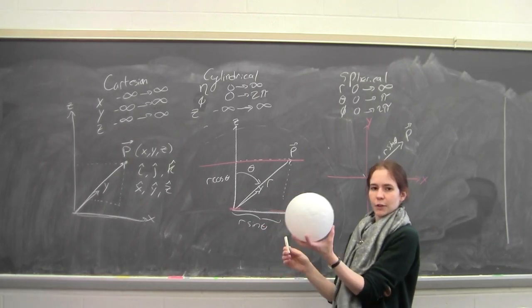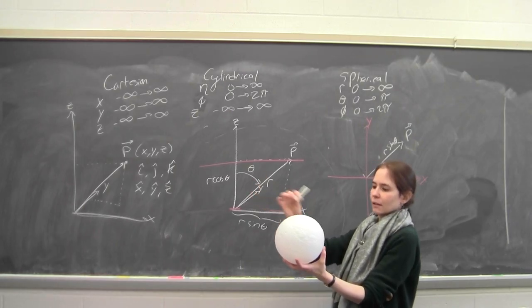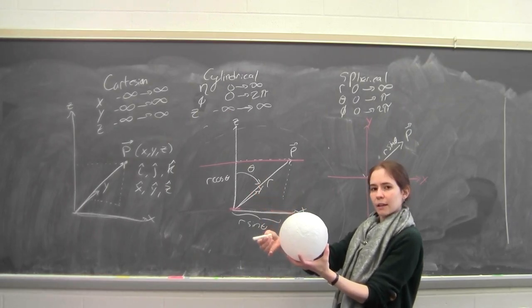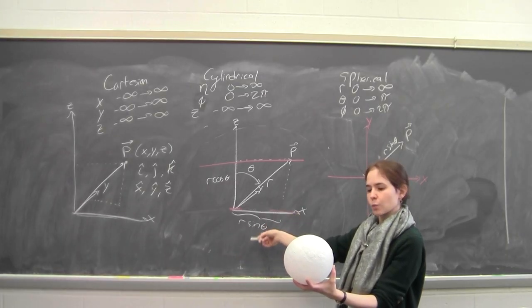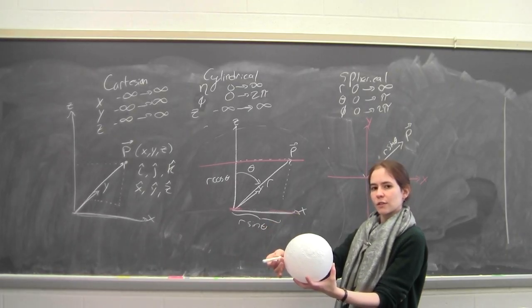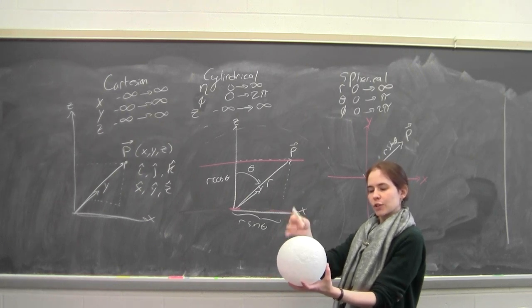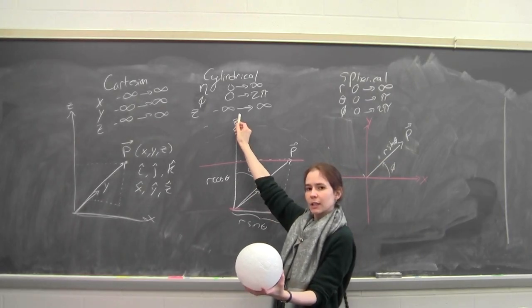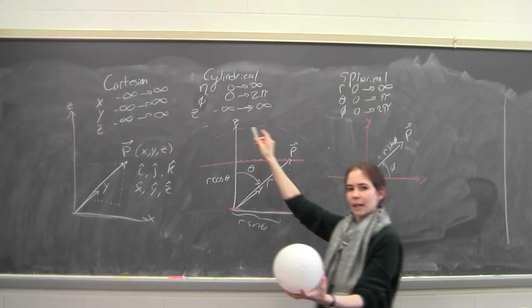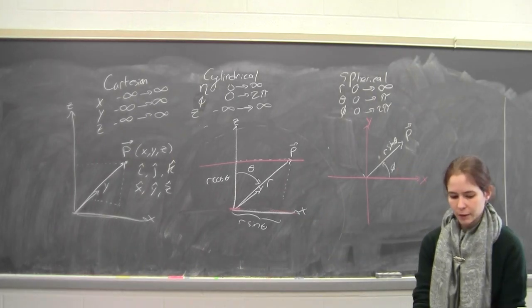So let's say that the sphere has a total radius of a. Then when theta is pi over 2, which is to say when sine theta is 1, this is just the whole radius a. But at the very top, if you projected a vector that was pointing straight at the top of the sphere into the xy plane, it wouldn't have any length in the xy plane. So that's what this r sine theta is capturing.